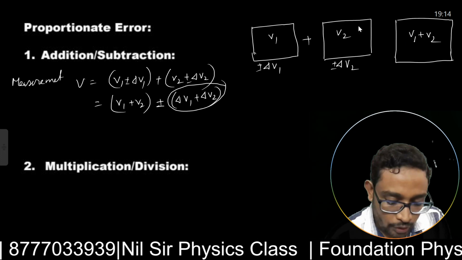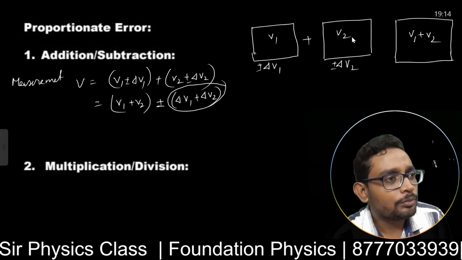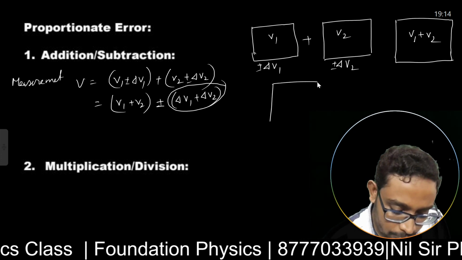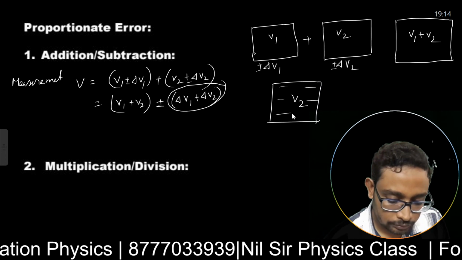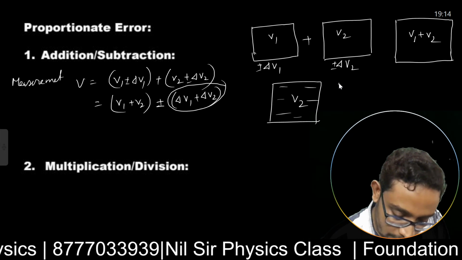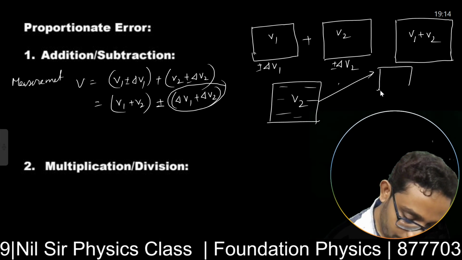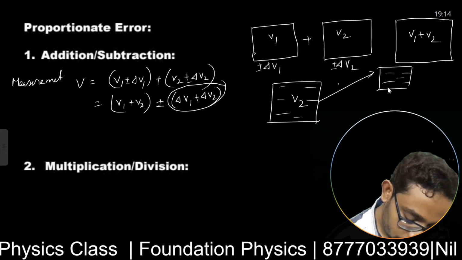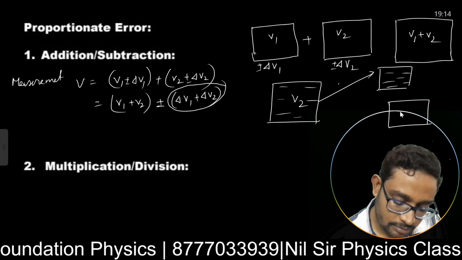So you have something and you subtract some volume at the same time. You have some initial volume, say V1, and subtract some amount from here, say this amount. Now your volume remains this much.